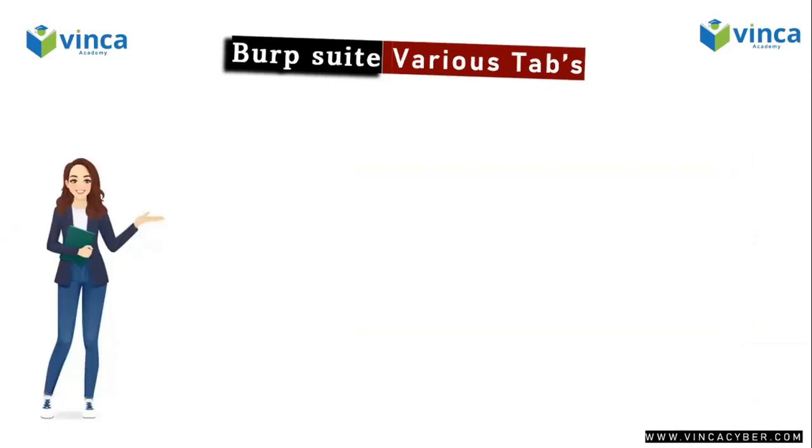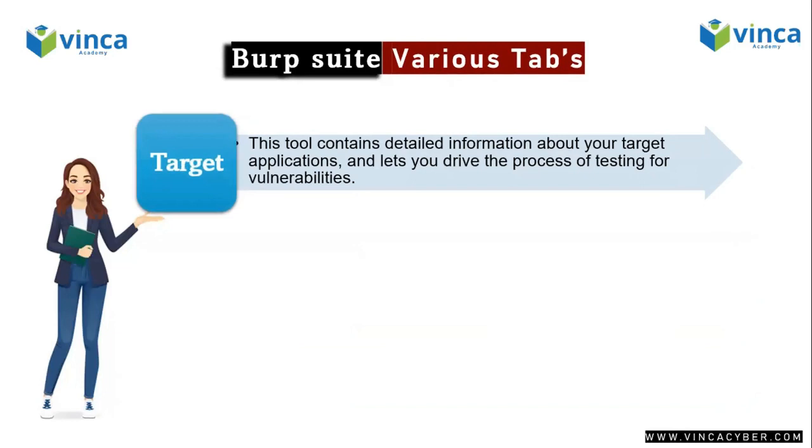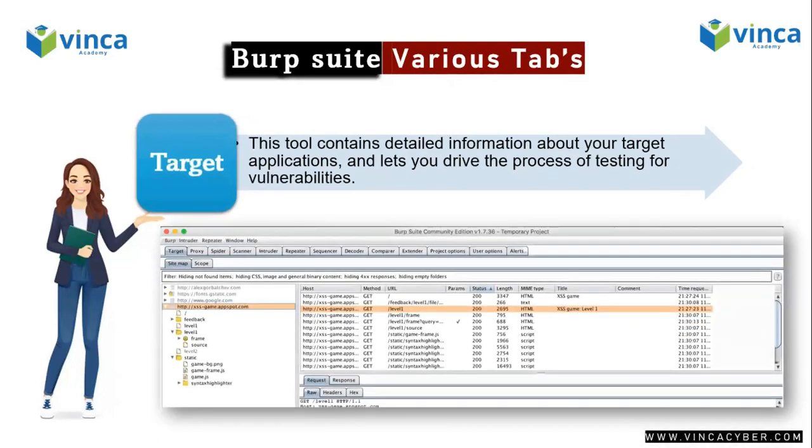So what is target? I just told you that in target you can see the crawled website. If the website has an admin panel, you can see it using the target tab, or a number of sensitive files and folders, which you normally find when you use GoBuster or DirBuster.